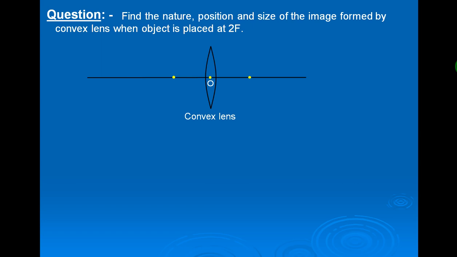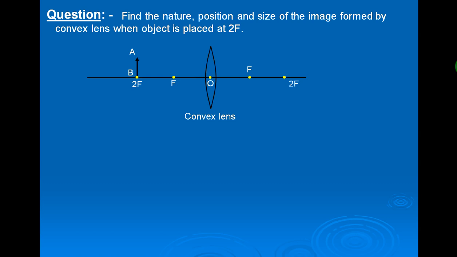These two points are the focus points on both sides of the lens, F, and these are the points at 2F, that is, at a distance equal to twice the focal length of the lens from the optical center. So this is the object AB placed at 2F, and we have to find the image of object AB.